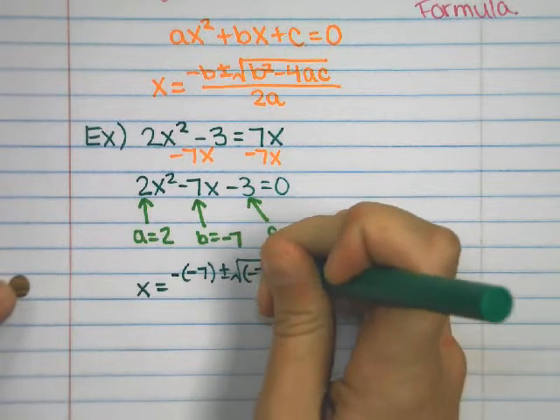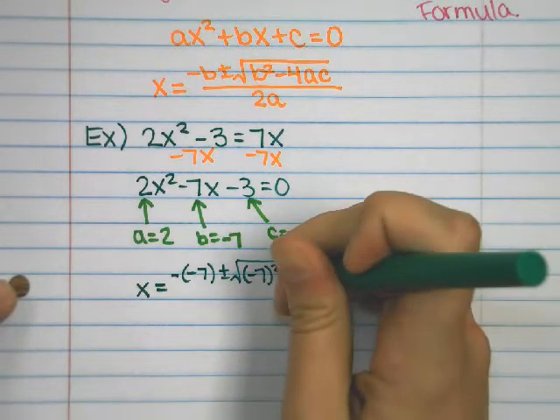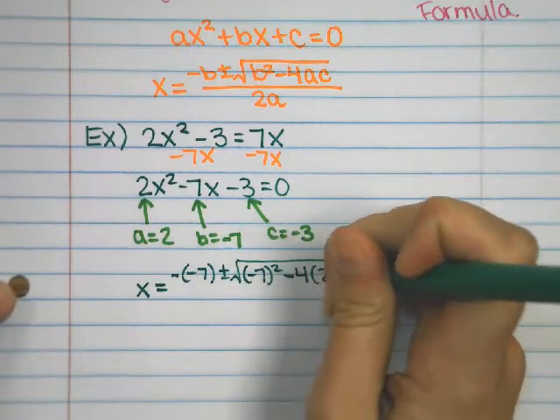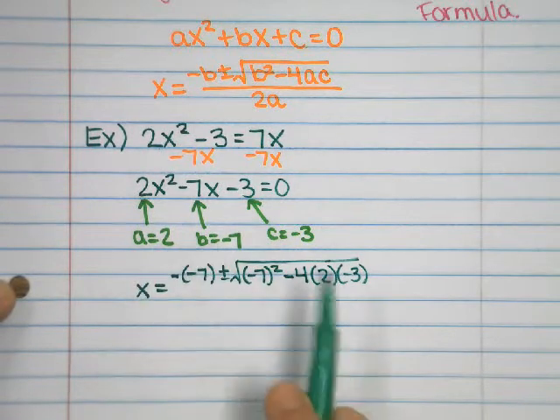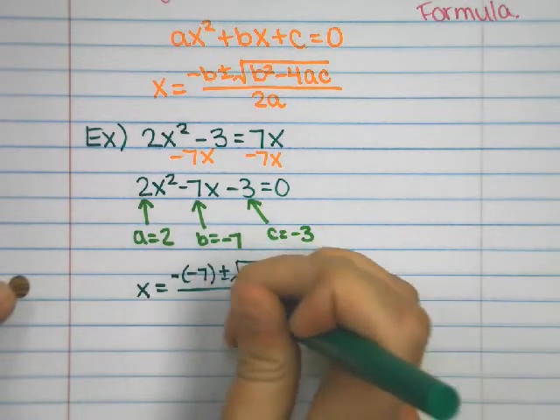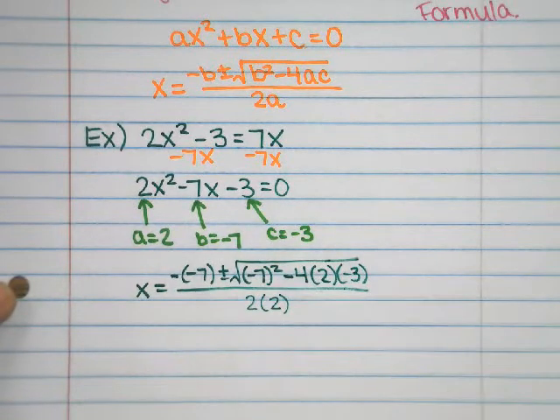Now I'm going to put that in parentheses. Remember, when you plug stuff into an equation, it gets plugged in parentheses. Minus 4ac, plugging in both of those values, a and c, all over 2 times a, which is also 2.